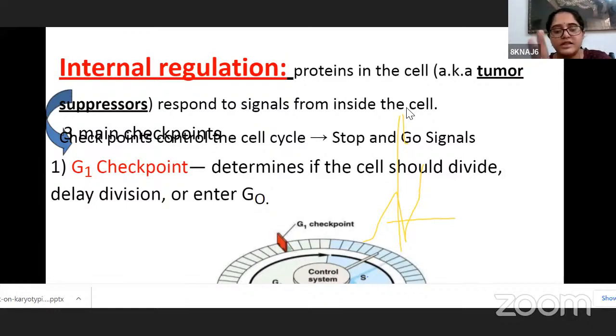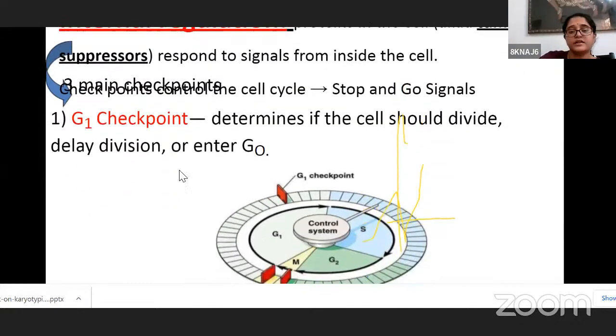If G1, that is basically DNA synthesis, is going on properly, then it should go into the next phase. But there is a G1 checkpoint, which determines if the cell should go, delay the division, or enter the G0 phase.